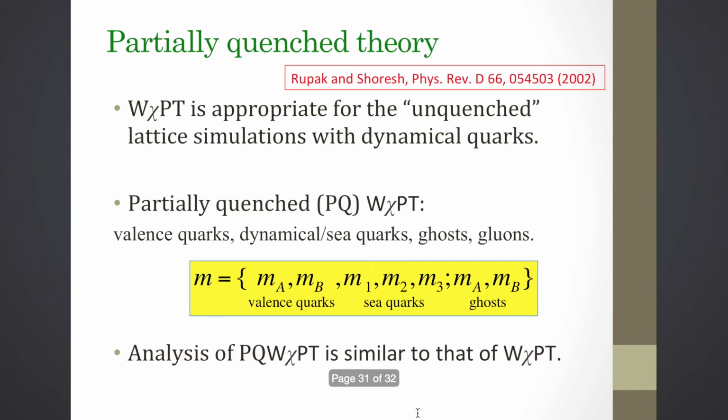So finally, the partially quenched theory. With the chiral WChPT in hand, we can use it to extrapolate the results from unquenched lattice simulations with dynamical quarks.